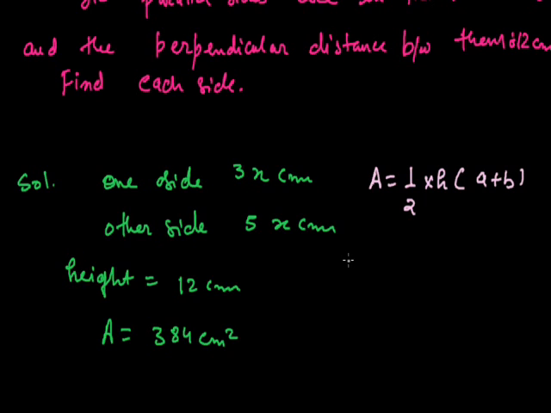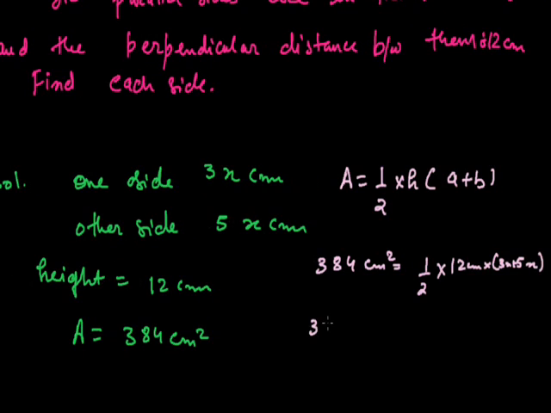So the area, that is 384 centimeter square, will be equal to half into h, that is 12 centimeter, into 3x plus 5x. So 384 centimeter square is equal to 1 by 2, here 2 will cancel 12 six times, so it will be equal to 6 centimeter into 8x centimeter.